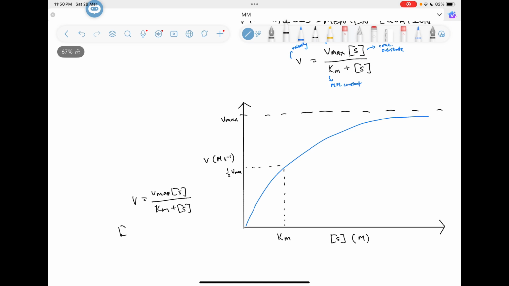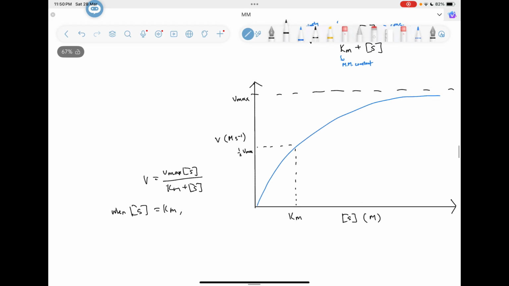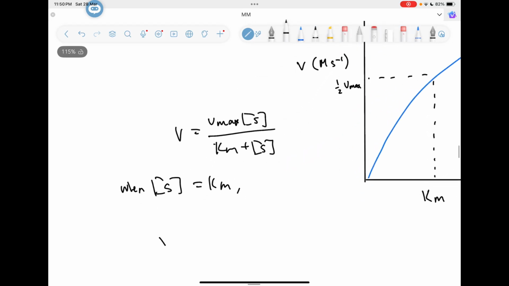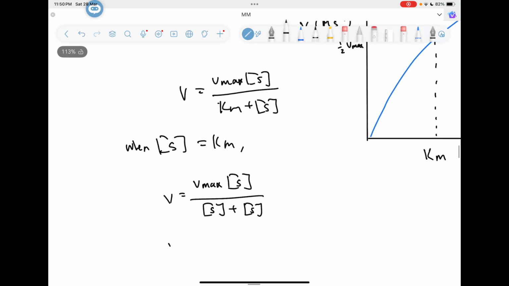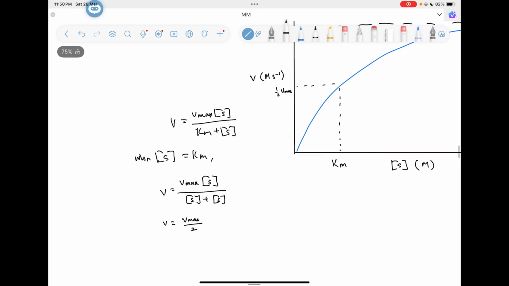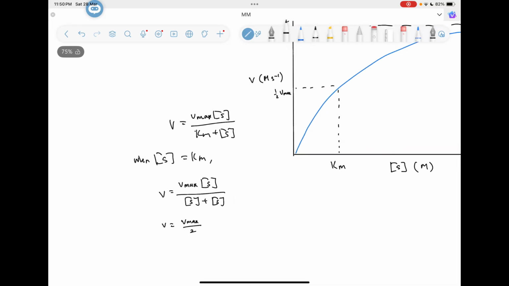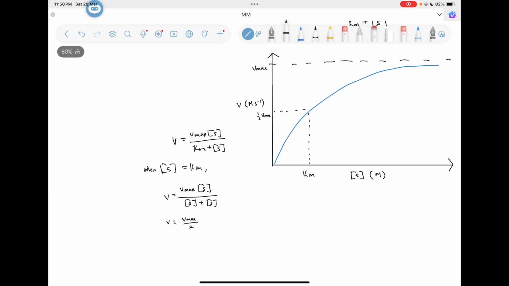So when substrate concentration equals Km, the equation will become V equals Vmax times S over S plus S, and this will simplify into V equals Vmax over 2. So this shows that when the concentration of substrate equals Km, the velocity is half of Vmax.